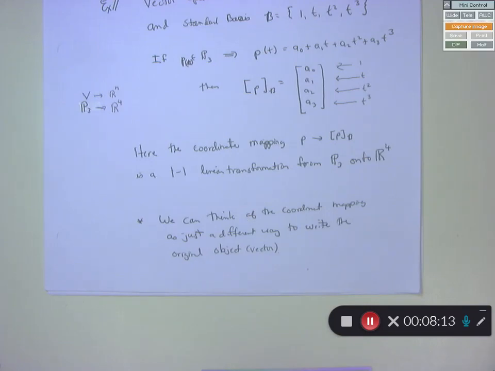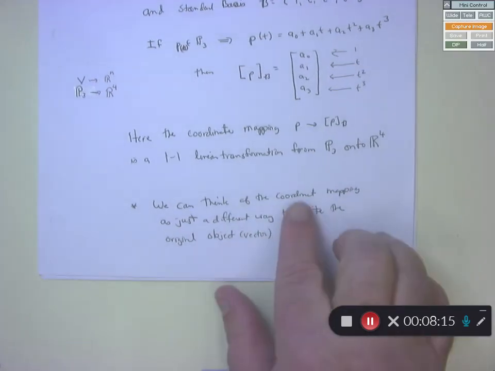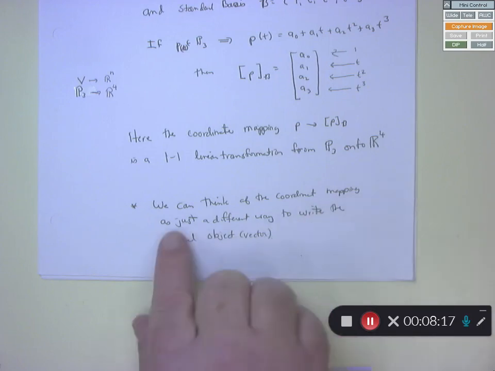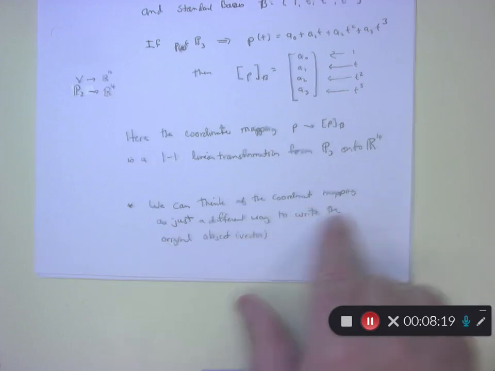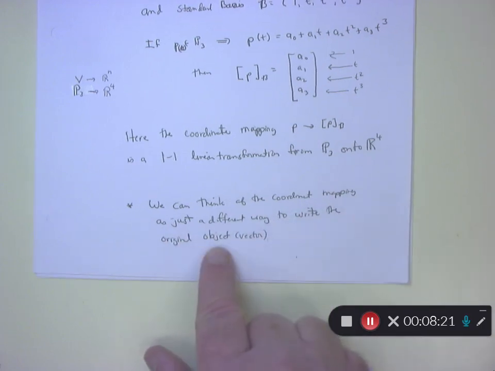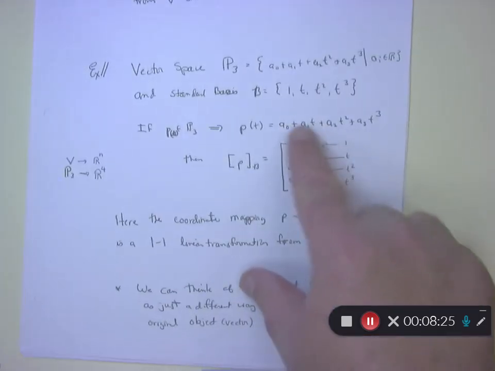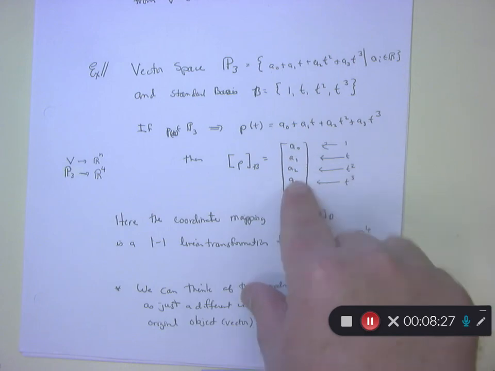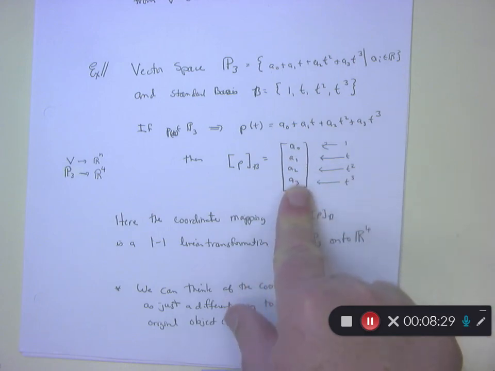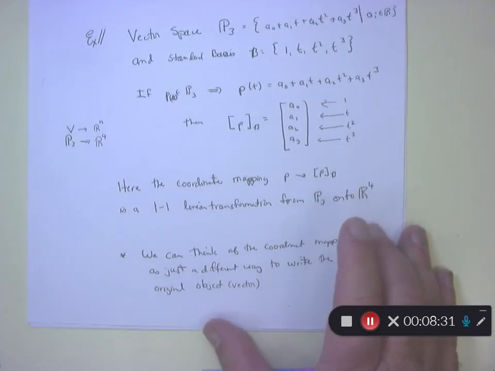So, we can think of the coordinate mapping as just a different way to write the original object, which in this case is the vector. If you don't like this vector, you can write it like this. It's just a different way of writing it.